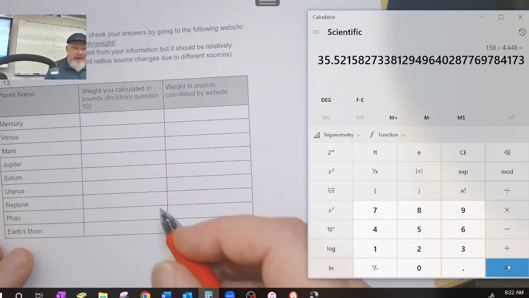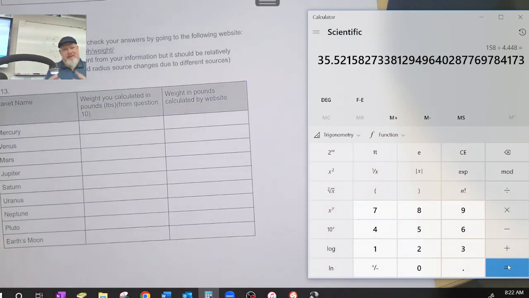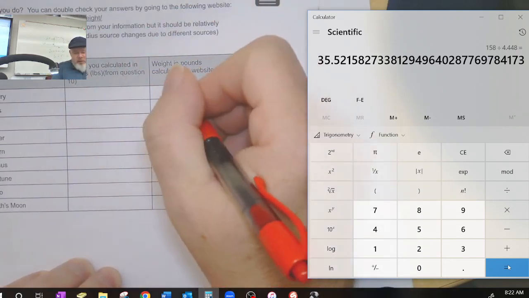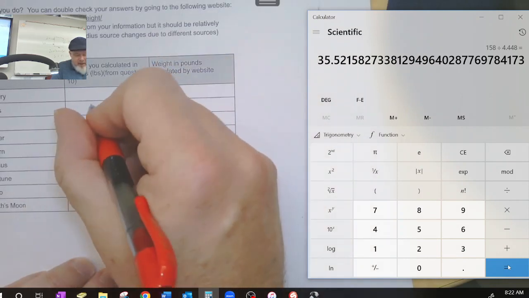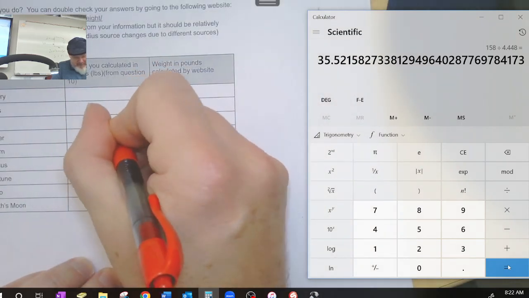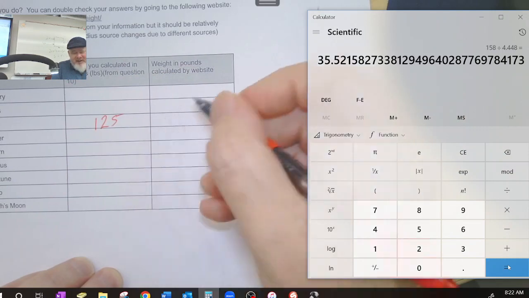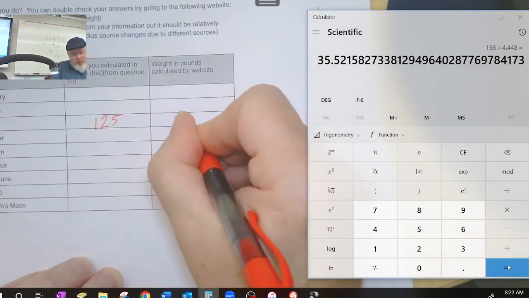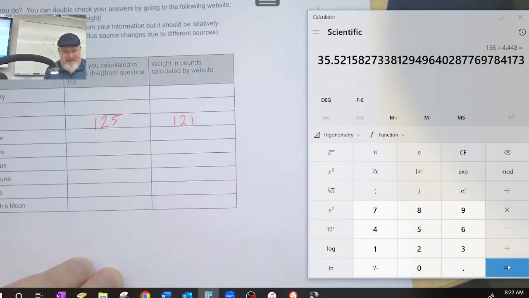Now, because these sources are slightly different and round off to the nearest decimal point and stuff like that, that's going to change your data. So if you say that on Mars you weigh 125 pounds, and the calculator says that you weigh 121 pounds, that is acceptable.